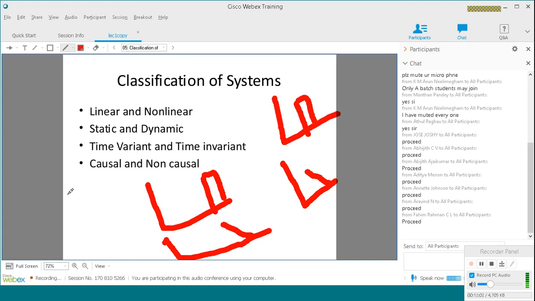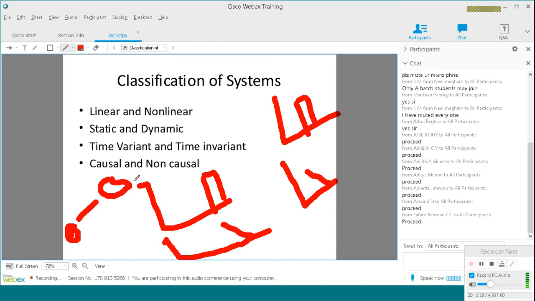To explain a little bit about non-causality, suppose there is a plane and we have to hit this plane from this particular station. We will only be hitting the plane correctly if we can predict its movement.